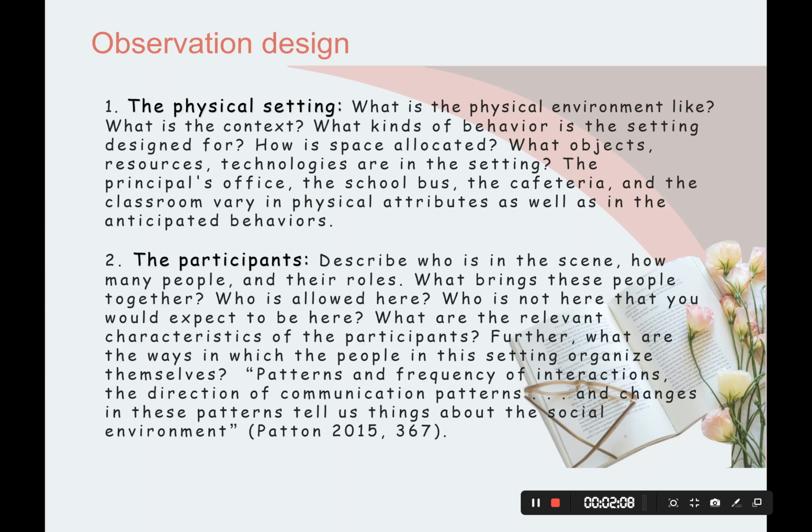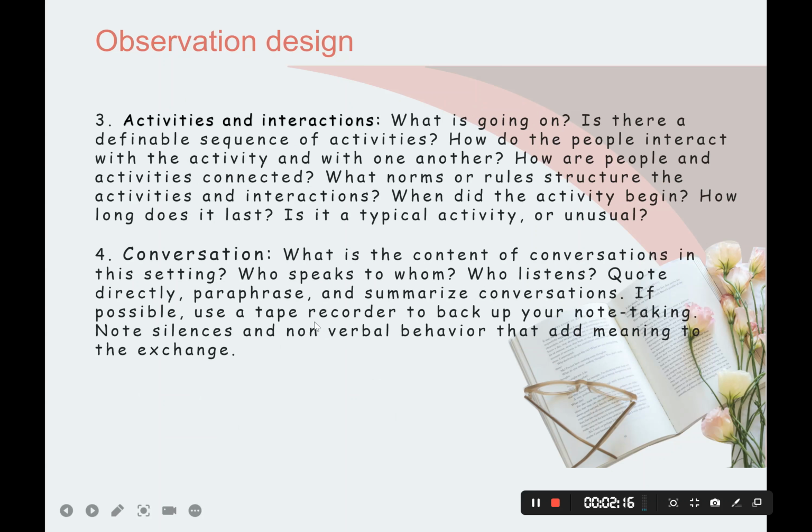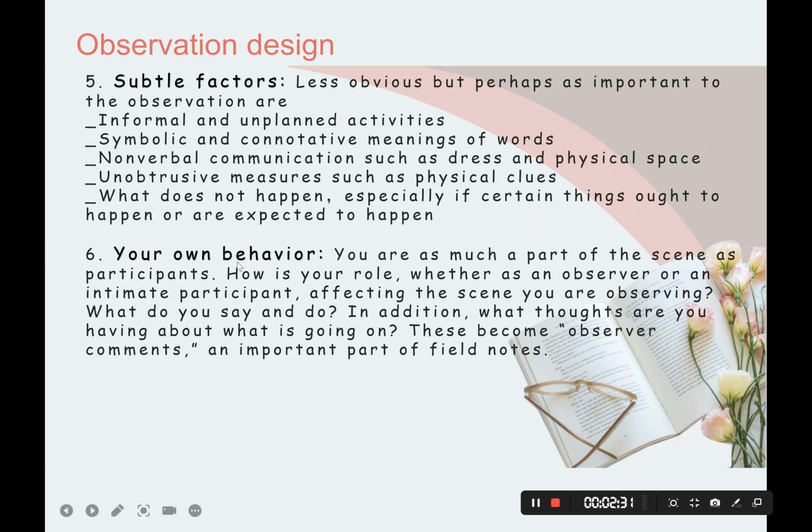What kind of situation are you going to choose to conduct your observation, and what kind of participants will be included in your observation? And you should consider what activities and interactions you are going to observe. What kind of conversation are you going to have with your participants?